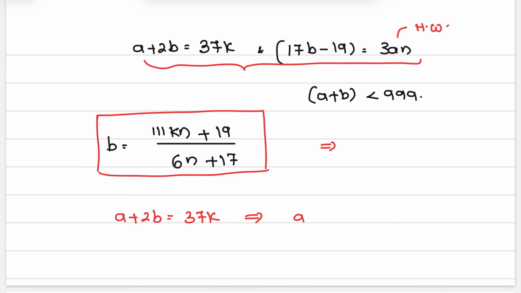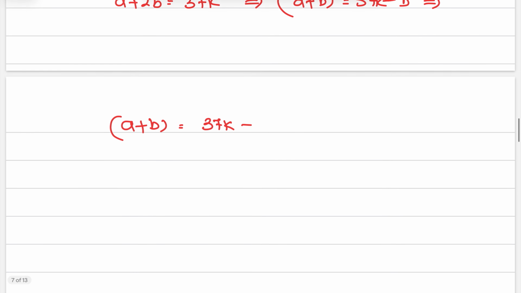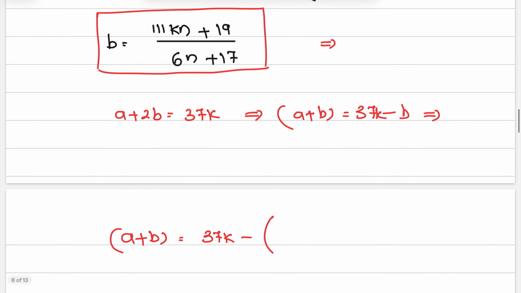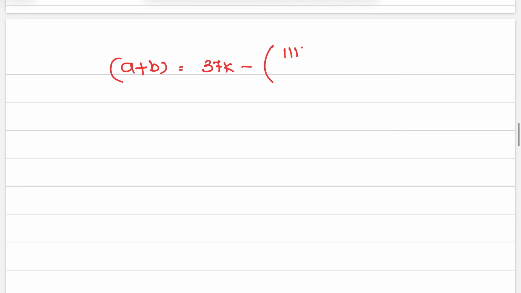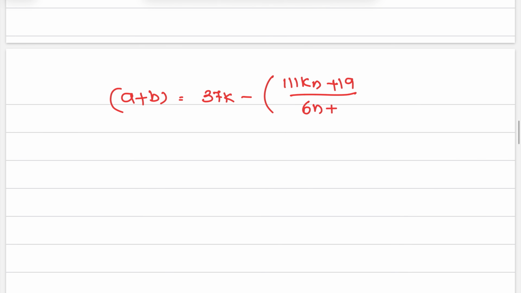That implies A plus B is equal to 37k minus B. What is the B value? (111kn plus 19) divided by (6n plus 17).